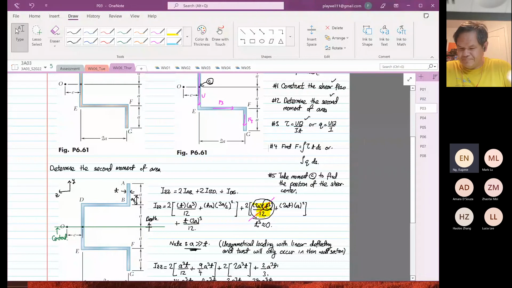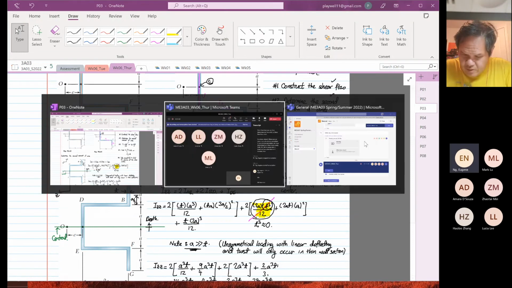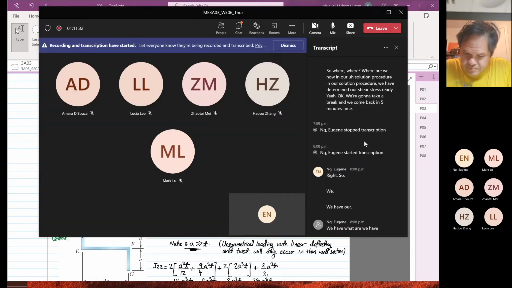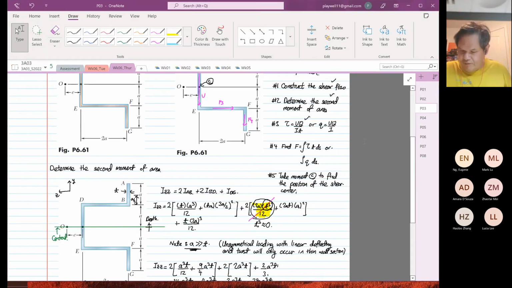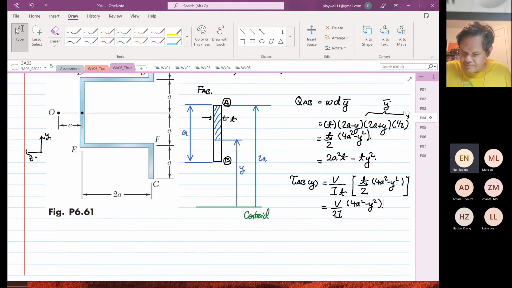Right. So we have found our shear stress, our expression of shear stress as a function of y. The next thing we're going to do is find FAB.